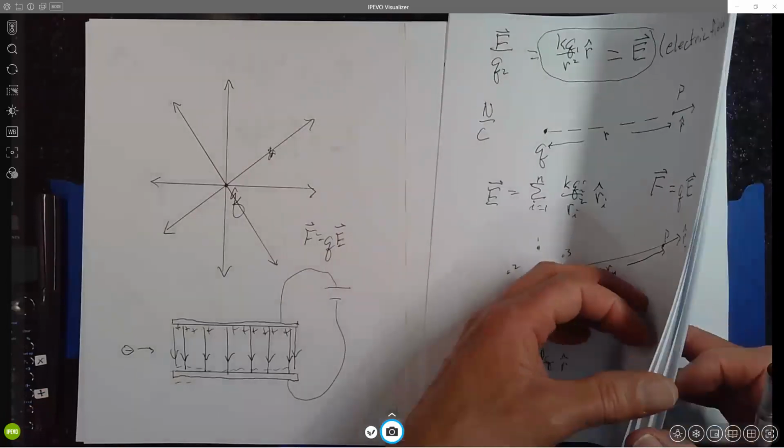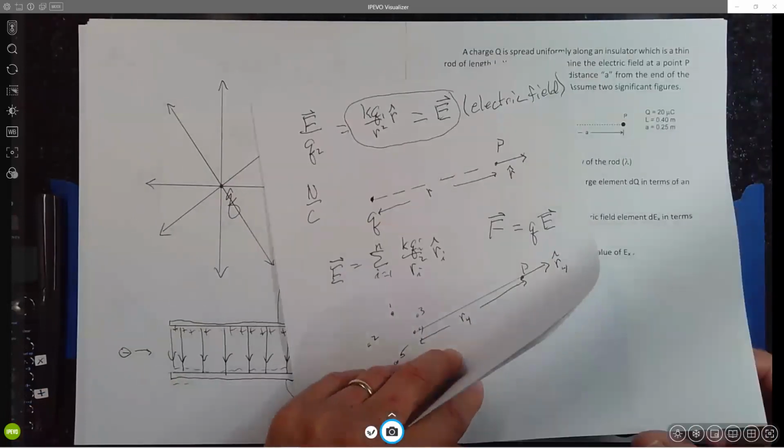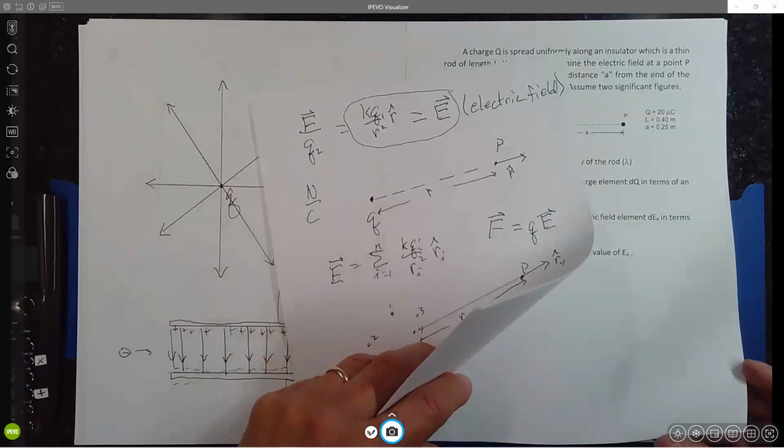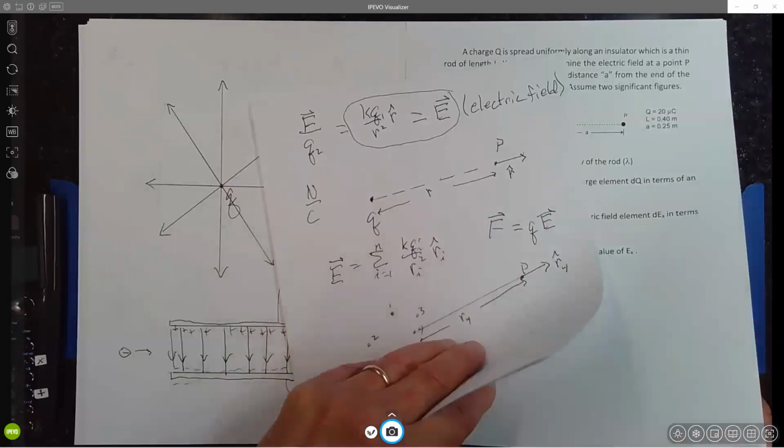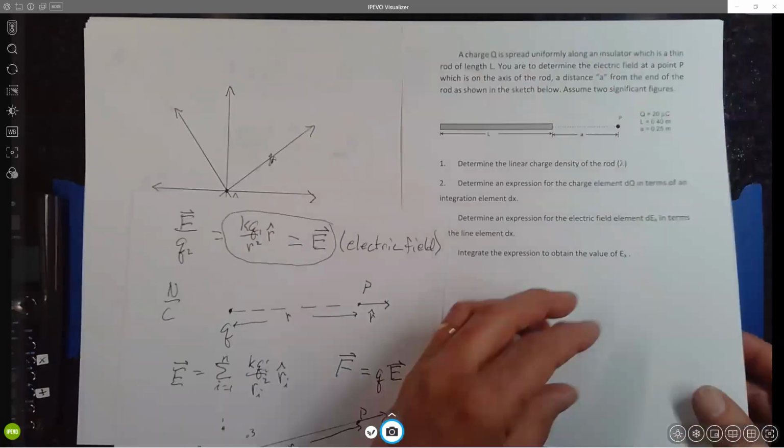Okay, the problem I wanted to do first here today is one that's very much like what we did yesterday. I used some of the same letters, but I monkey around a little bit with the variables.